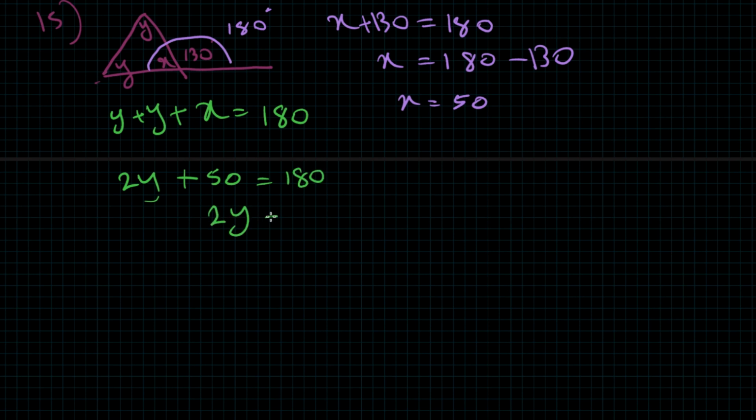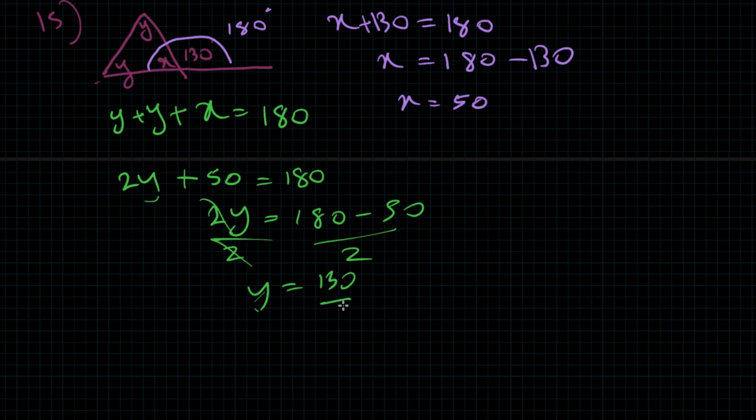Now 2y equals 180 minus 50. So we divide both sides by 2, and y equals 130 divided by 2, which equals 65. So here is the answer, and here is the answer.